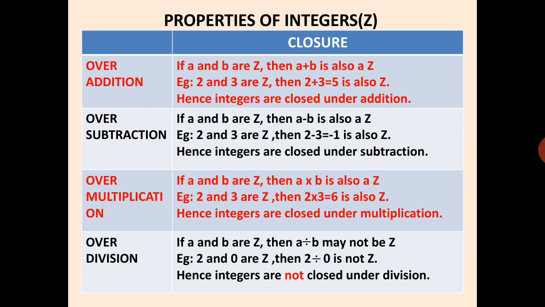Here I have considered 2 and 0. You know that 2 divided by 0 is something that is not possible. So it's not an integer. So we'll say that integers are not closed under division. You can check with other examples also.